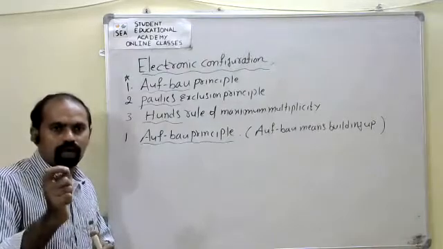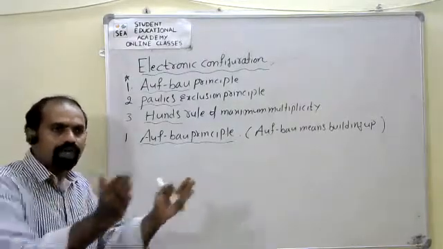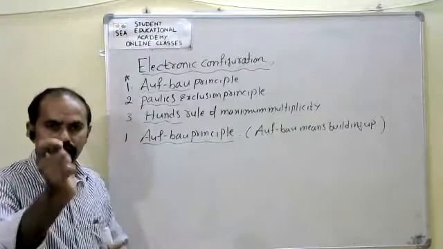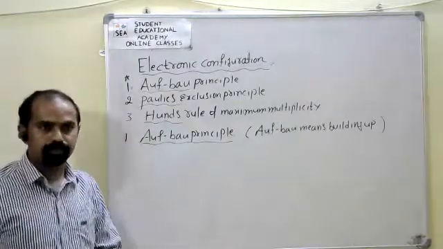The electrons are filled first into the lowest energy orbital. That is called the Aufbau principle.